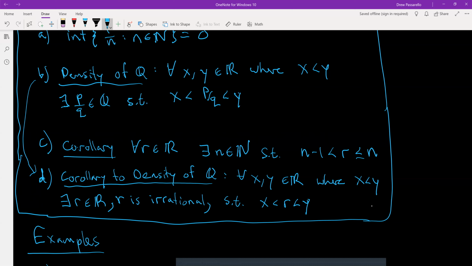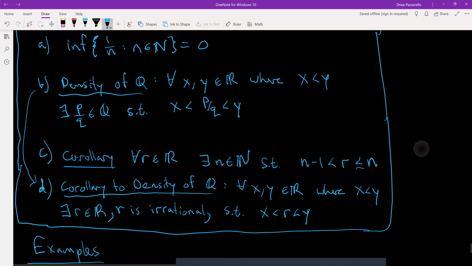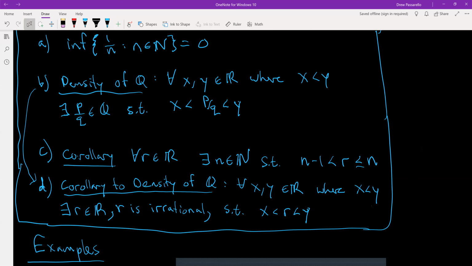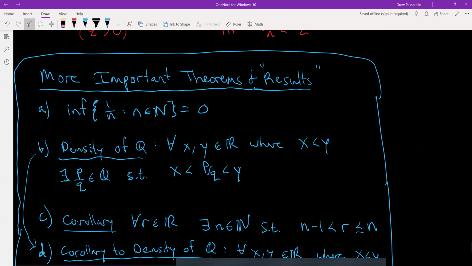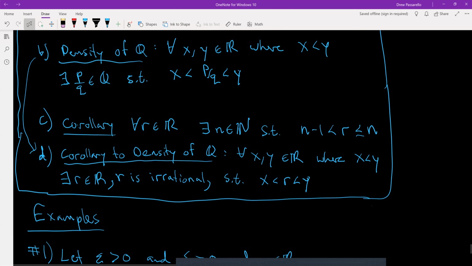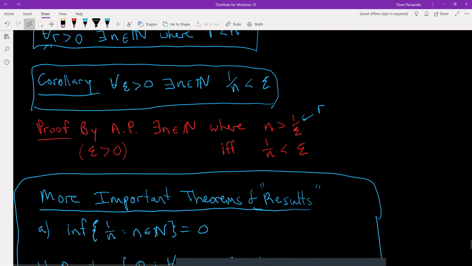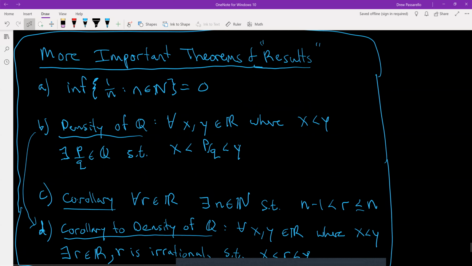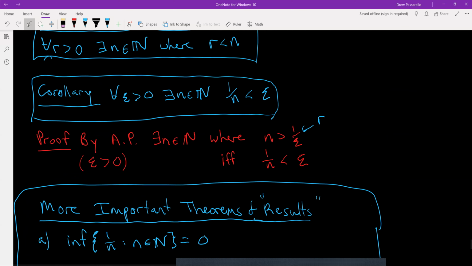And then C is a corollary to this Archimedean principle: for any real number r, there exists a natural number n such that n minus 1 is less than r, less than or equal to n. I figured I would go ahead and list these, and in later videos I might make use of them, but they're important results and theorems.